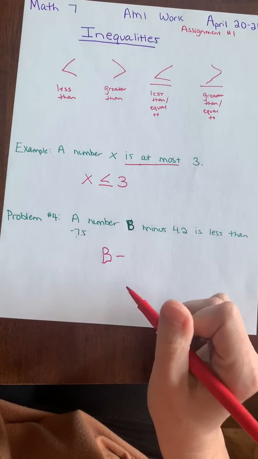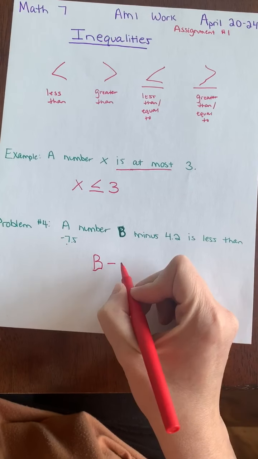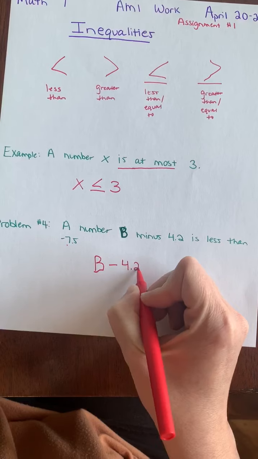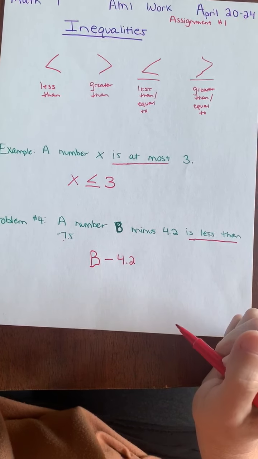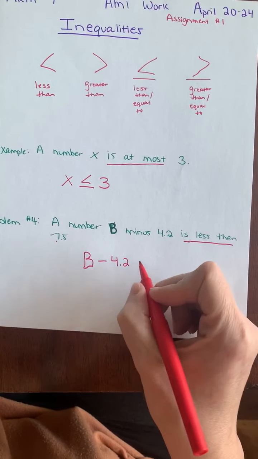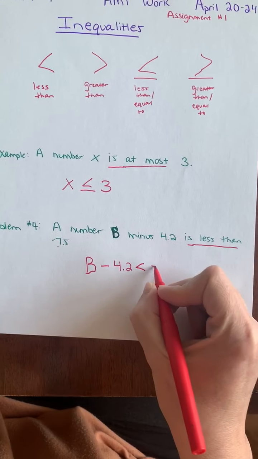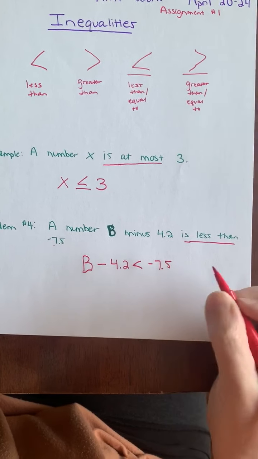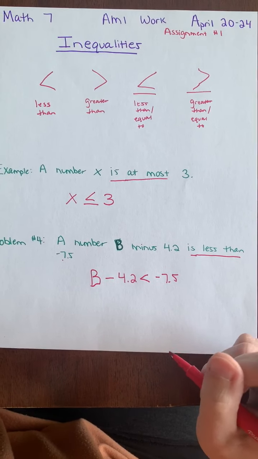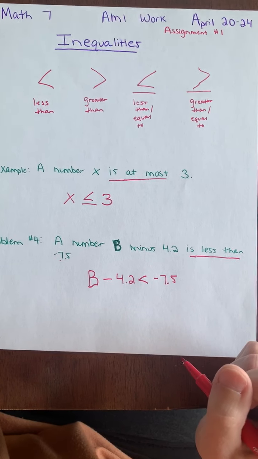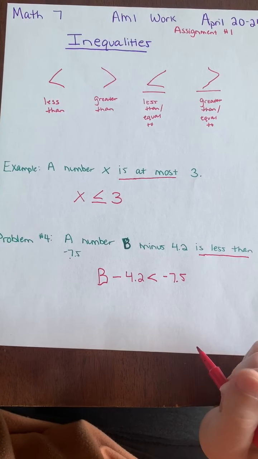So this is actually going to have something on the left side of the inequality with the variable. 4.2 is less than, this one is just simply a less than, so we're going to use our less than sign. Negative 7.5. Now in future lessons, we'll solve this for b to figure out exactly what b is. But for this part of the assignment, it just asks you to write the inequality. So you would stop right there.